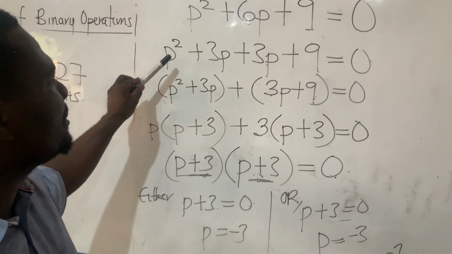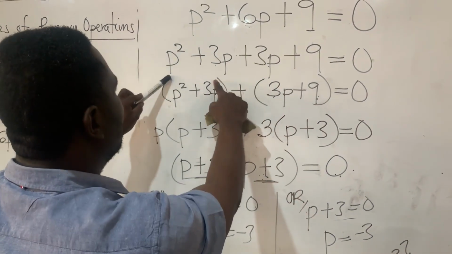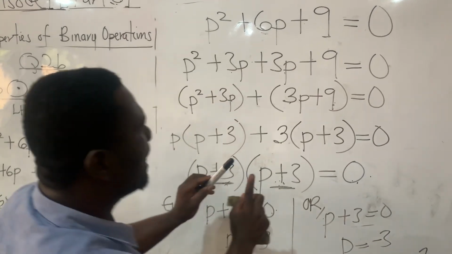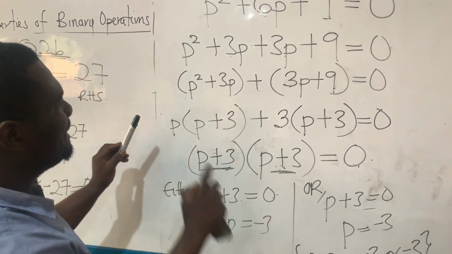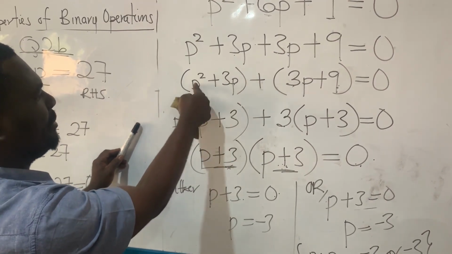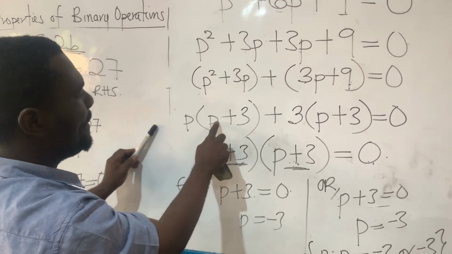And we've gotten four terms: 1, 2, 3, 4. You put your first two in a bracket, and your last two also in a bracket, so that you can factorize with ease. P squared plus 3P, you factorize P out, so it will be left with P plus 3.